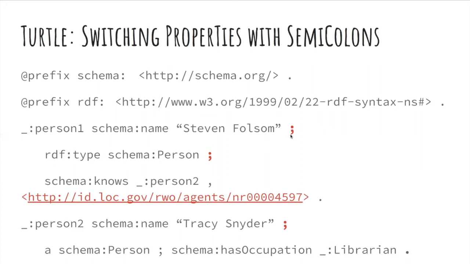Through a semicolon, we can change the property. So we've changed the property from schema:name to rdf:type without actually changing the subject. If we were thinking of this in terms of sentences, we haven't changed the subject, we've just changed what it is that we're saying about them. And similarly, we have another semicolon where we've changed the property again to schema:knows, where we say that person 1 knows person 2.